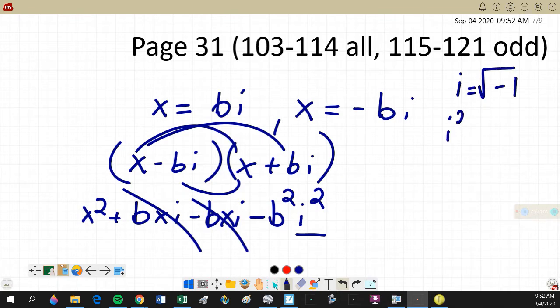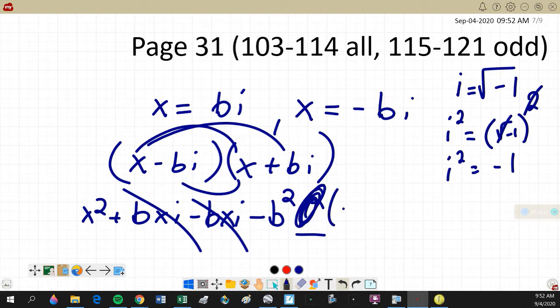So i squared would simply be the square root of negative 1 squared, and the square root and the squared cancel, and i squared is negative 1. So this becomes negative 1, and negative b squared times negative 1 is just b squared.